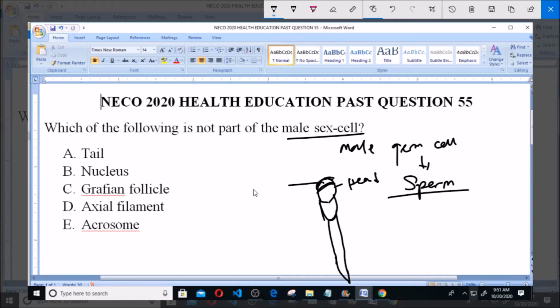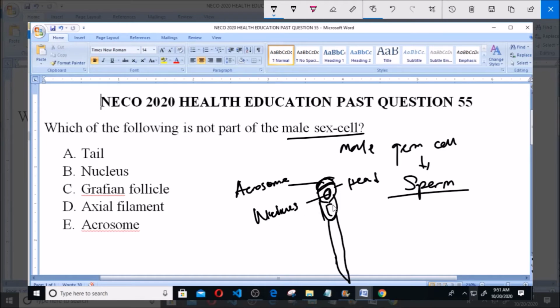Now here is what we call the acrosome, that contains enzyme that enables it to penetrate the walls of the ovum, that is the egg. Now here contains the nucleus. This is the nucleus of this sperm cell.